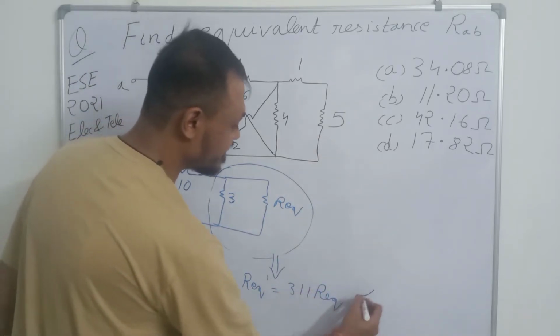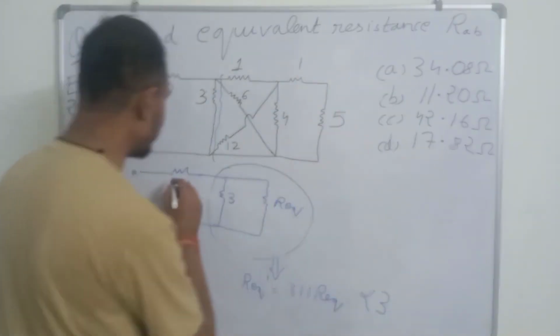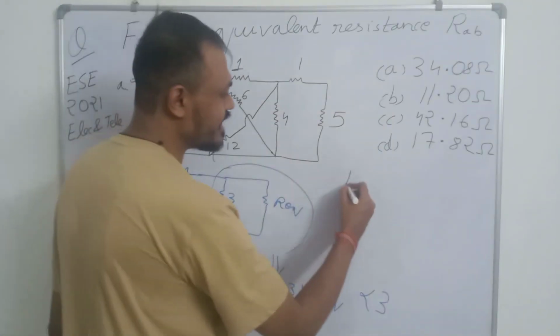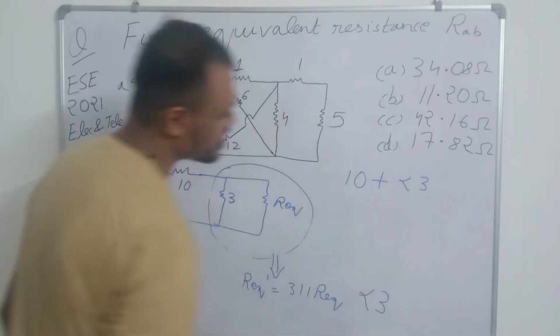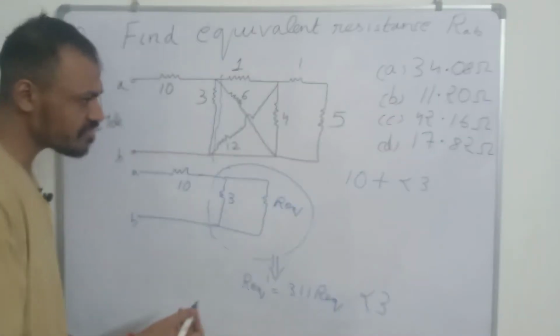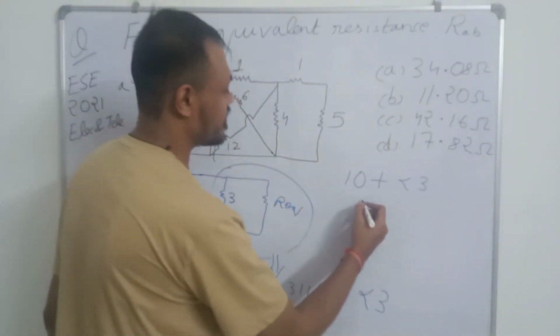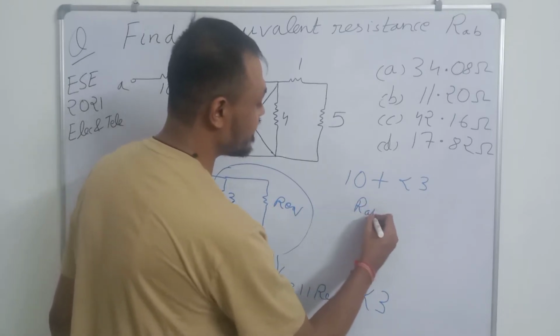This value will obviously be less than 3. So the equivalent resistance of this network will be 10 ohm plus a resistance which is less than 3, in series with this 10 ohm resistor. So obviously RAB will be less than 13.